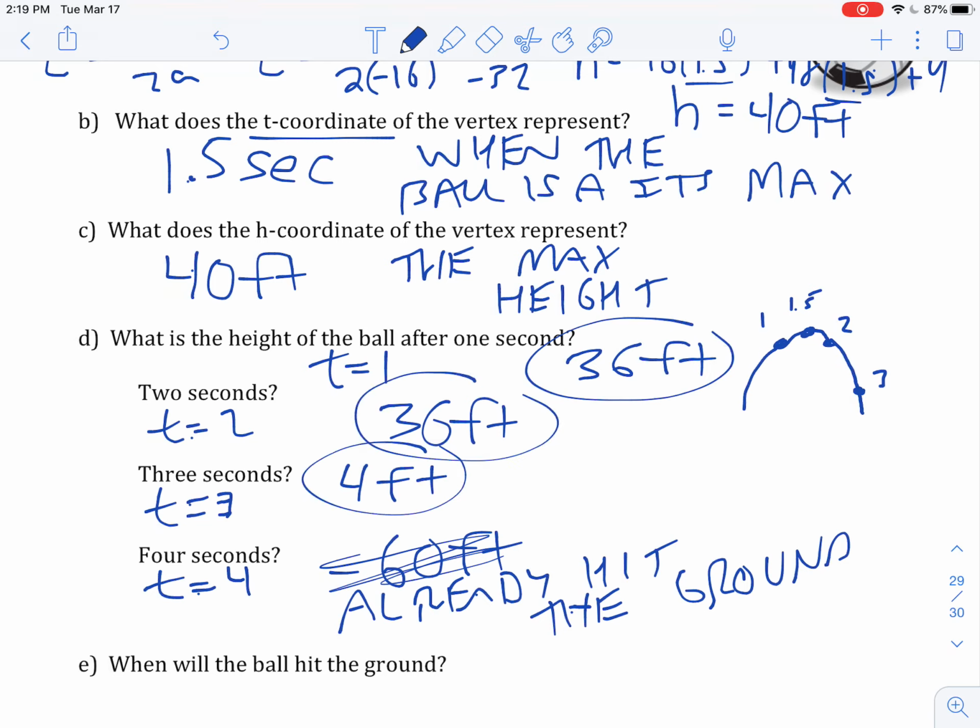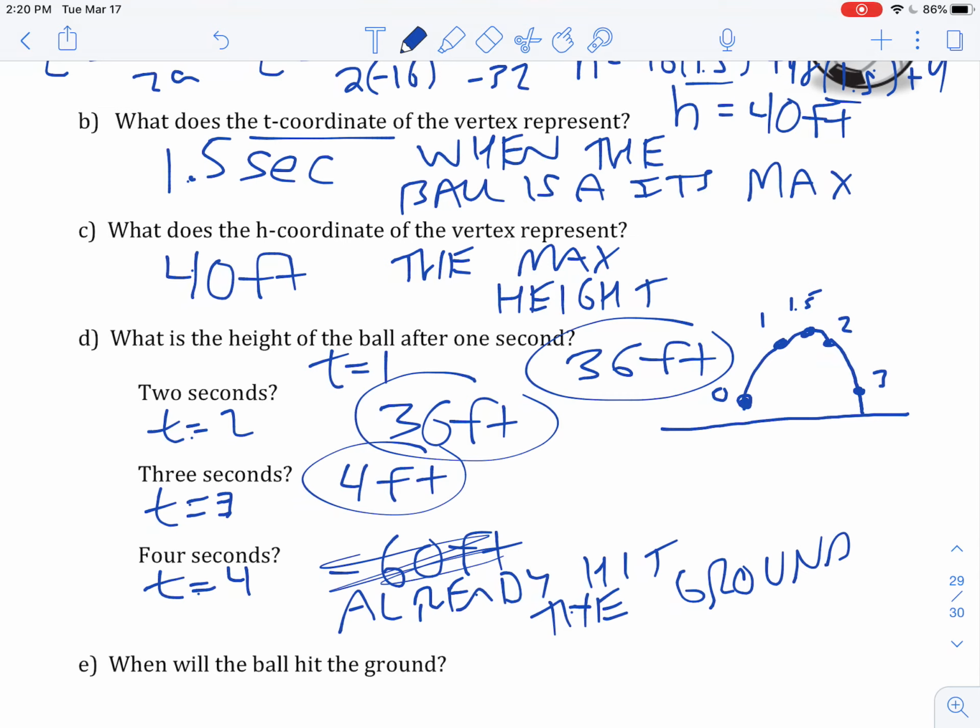So if I were to put in 5 seconds, 6 seconds, all of those would give me negative numbers, and I would say the ball hit the ground. If I were to graph this, the starting height was 4. This is when t equals 0. And these numbers that are bigger than 4 are all negatives down here. So these are below the ground. I just ignore those.